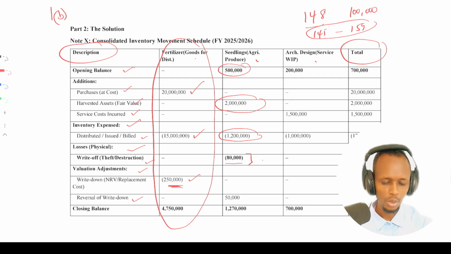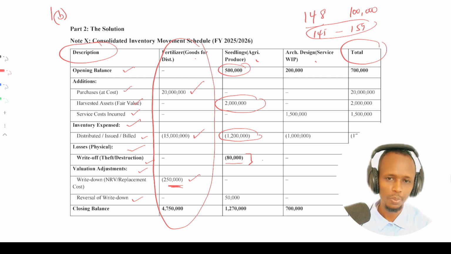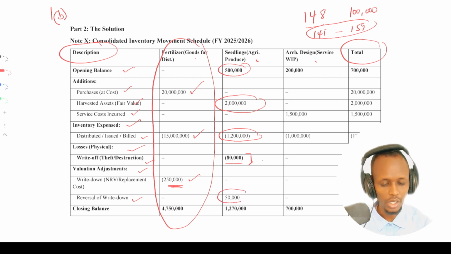And then once you write off, it is an expense, so you minus. Purchases is addition. Distribution is minus. Write-off is minus. And then reversal of write-off. What will happen? Since you are adding back to your inventories, what you have written off is what you reverse. Circumstances change.